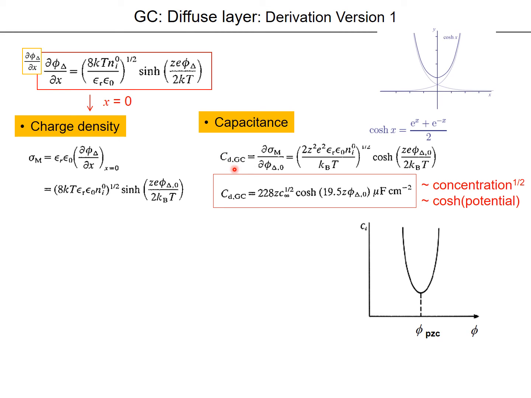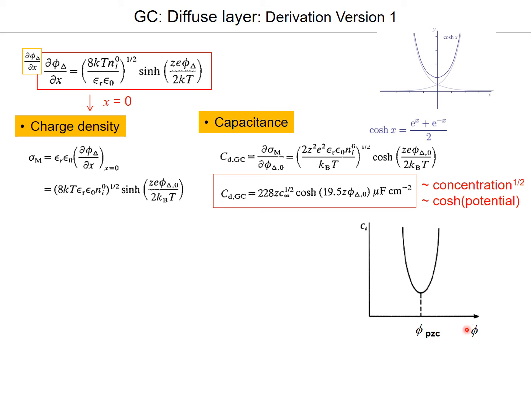After the first derivative, this hyperbolic sine becomes hyperbolic cosine, and hyperbolic cosine looks like this. So finally we could obtain the capacitance function of potential.